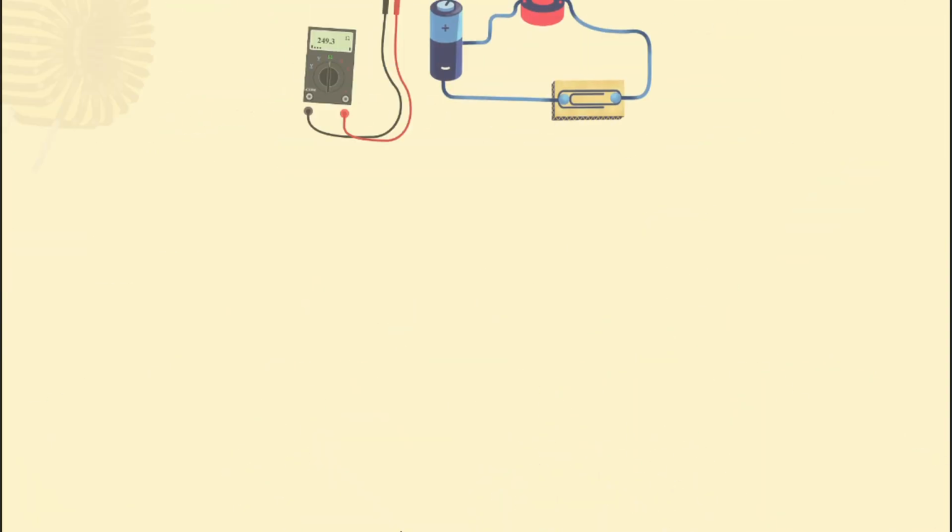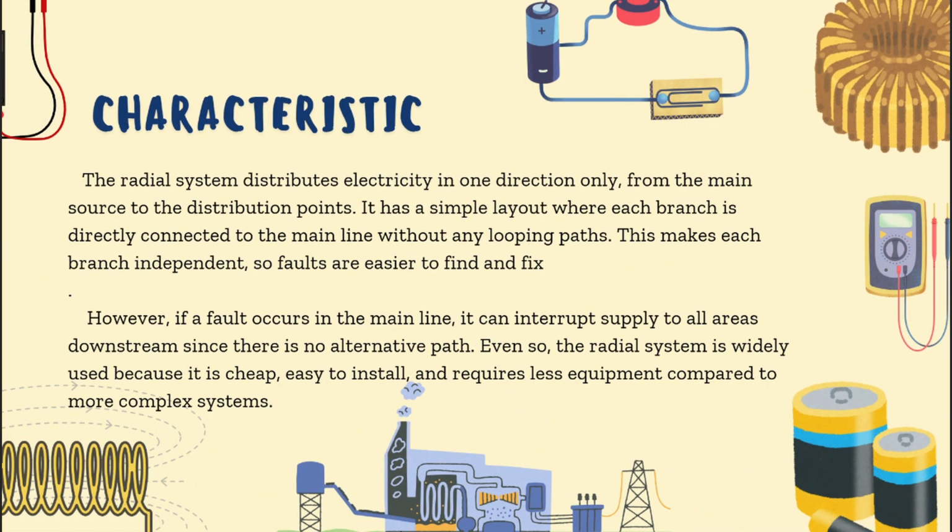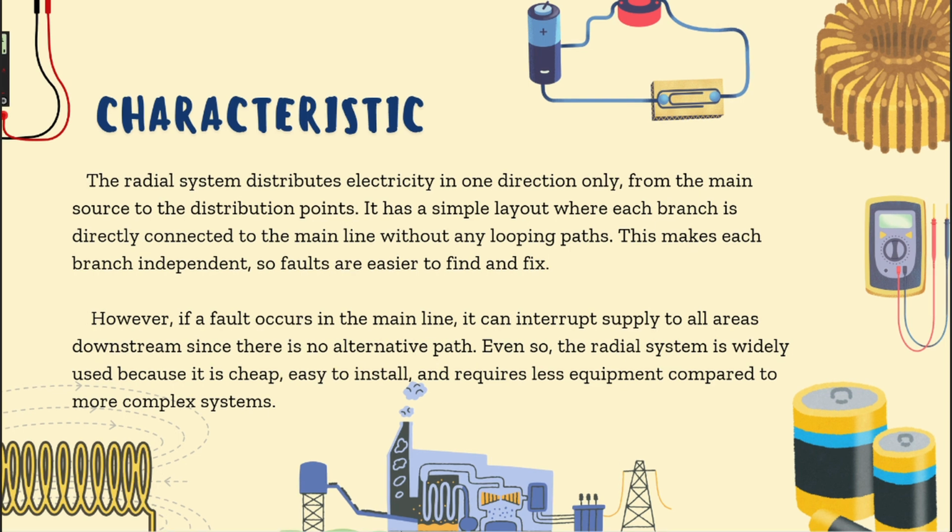Next is characteristic. The radial system distributes electricity in one direction only, from the main source to the distribution points. It has a simple layout where each branch is directly connected to the main line without any looping paths. This makes each branch independent, so faults are easier to find and fix.